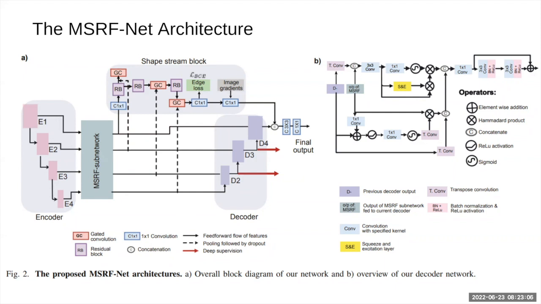After that, the decoder block takes something from the shape stream block and the MSRF subnetwork, processes it, and gives us a result. So basically this architecture is based on the encoder-decoder approach, and the encoder and decoder consist of multiple mechanisms that we'll talk about later.